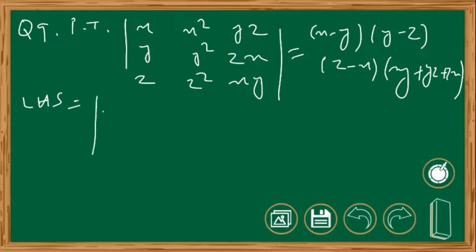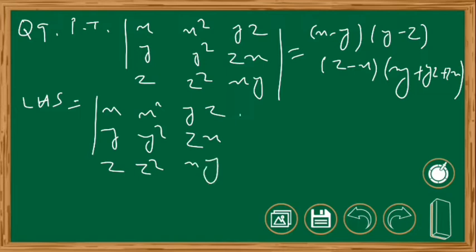LHS is the determinant with rows x square, yz, zx; y square, zx, xy; z square, xy, yz as written. Now I will apply row 1 replaced by row 1 minus row 2, and row 2 replaced by row 2 minus row 3.